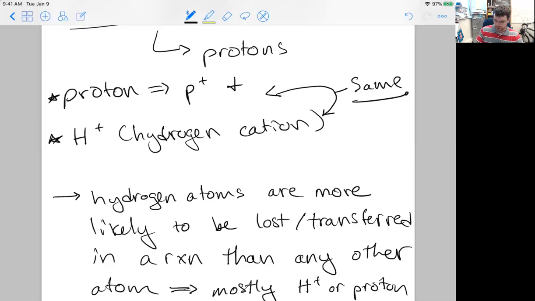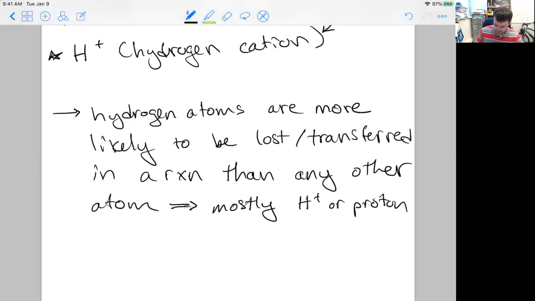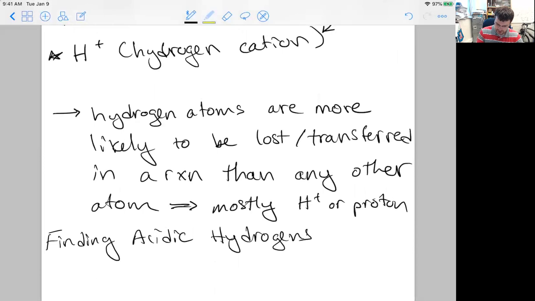Okay, now identifying or finding acidic hydrogens is very useful. So let's define this term first.